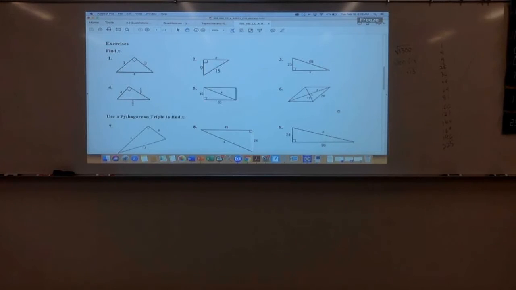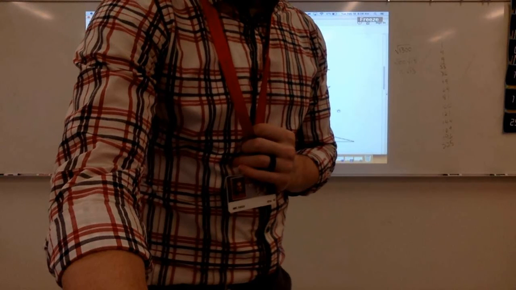Yeah, it's 16 over 81. Oh wait, we just square both sides. It'd just be 9 over 81, that's it.